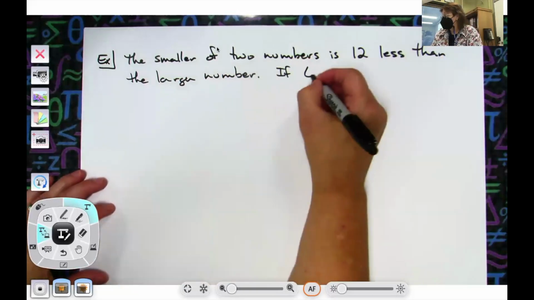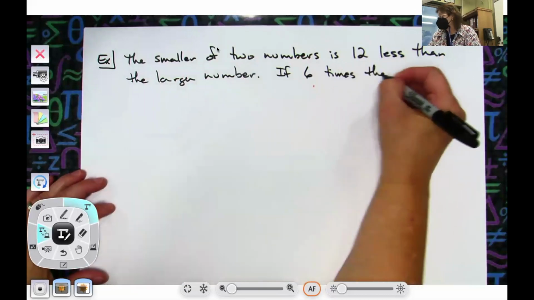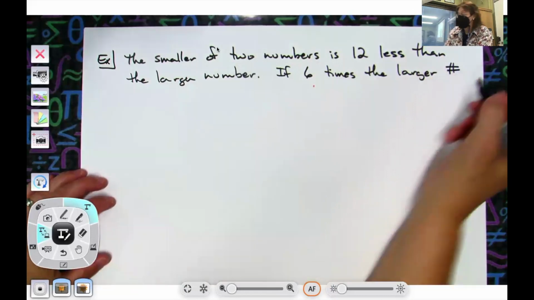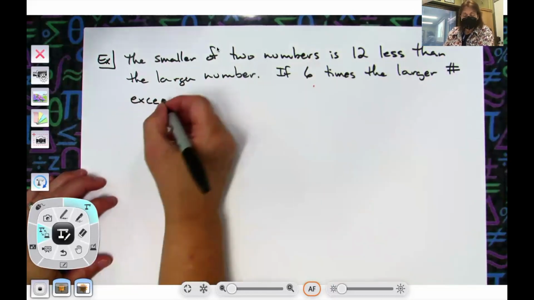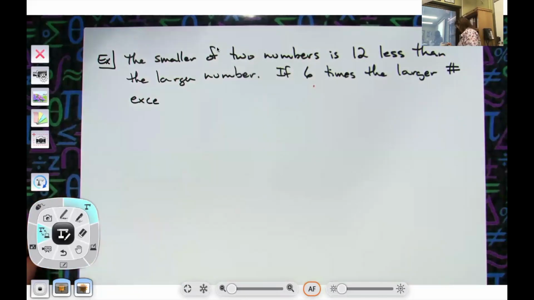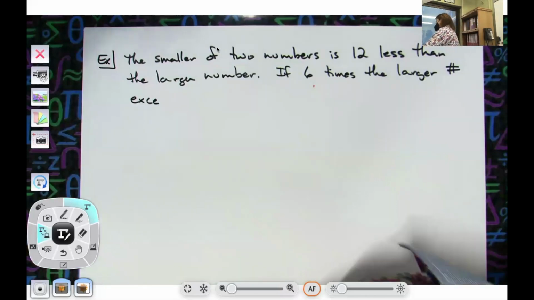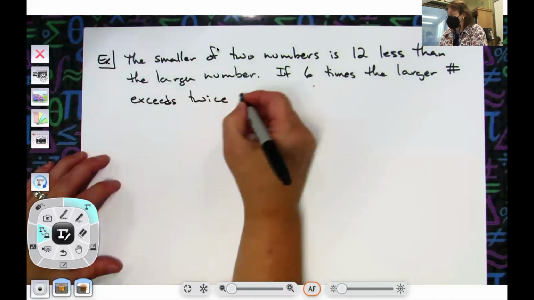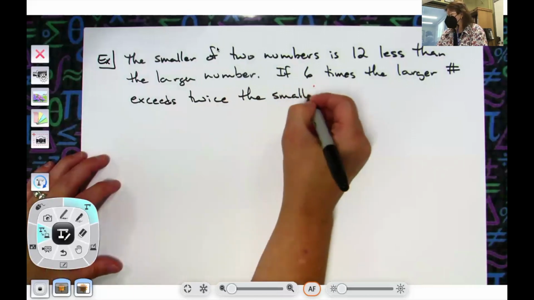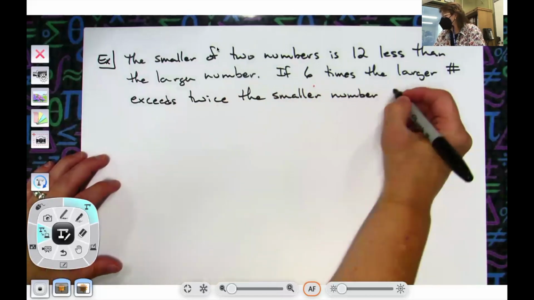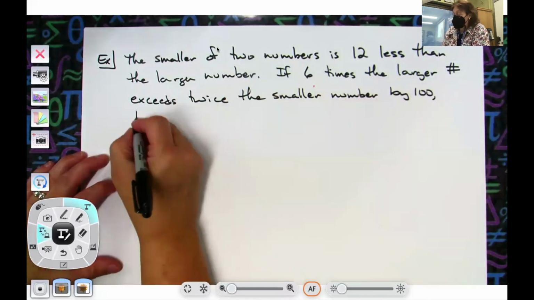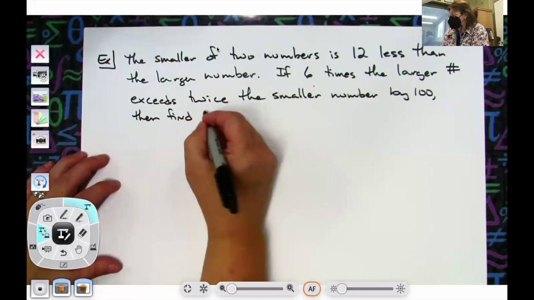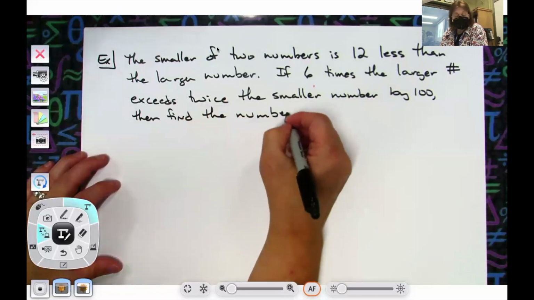If 6 times the larger number exceeds twice the smaller number by 100, then find the numbers. We did one very similar to this, but the numbers are different.